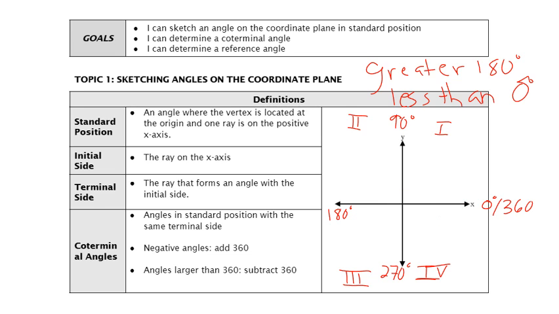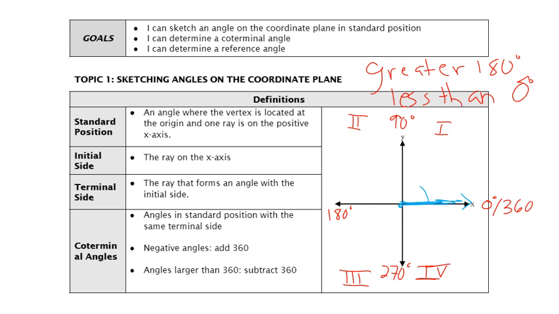So basically, when we have an angle, we have two sides or two rays that form the angle. Like I already said, there's the initial side, and the vertex is always at (0, 0), and it lies on the x-axis between quadrant 1 and quadrant 4. The terminal side is the other side of the angle.